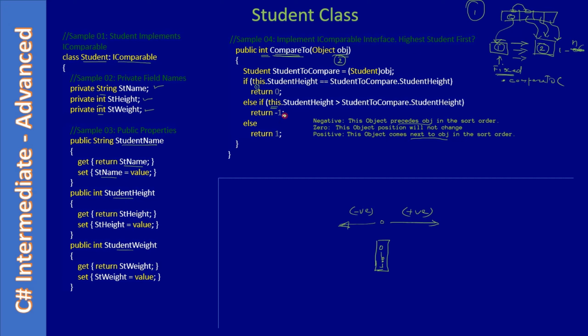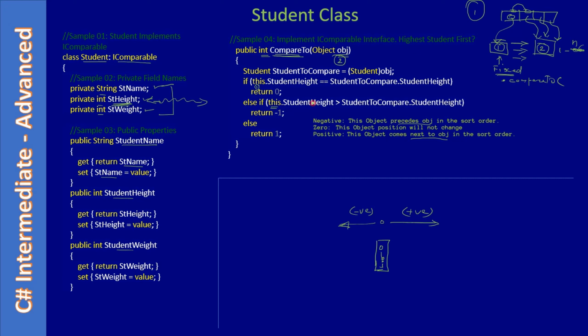When we return -1, when the student height... here if you see, even though we have 3 members here, sorting is performed based on the student height. Other 2 members are not taken into account. Only based on student height we are sorting.